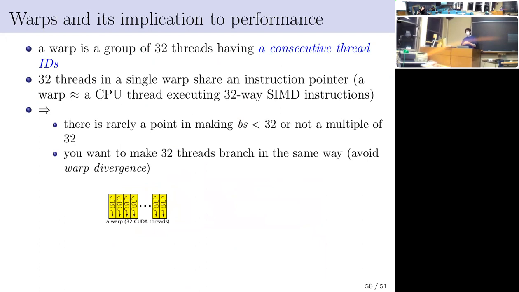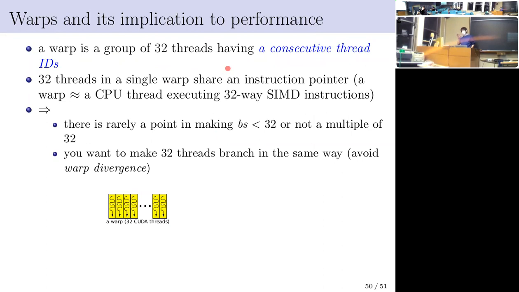And okay, so why is this warp significant from the programmer's perspective? It actually has a huge performance implication. Like I said, a single warp is a group of 32 threads having consecutive thread IDs.